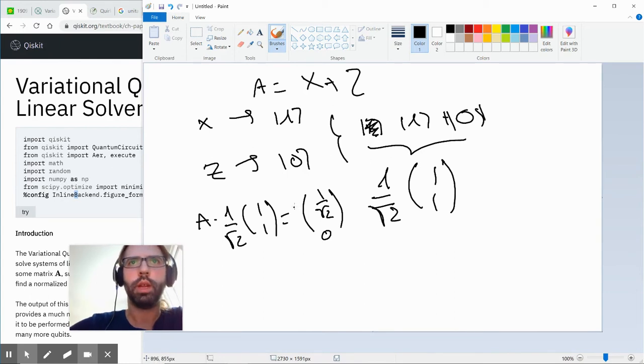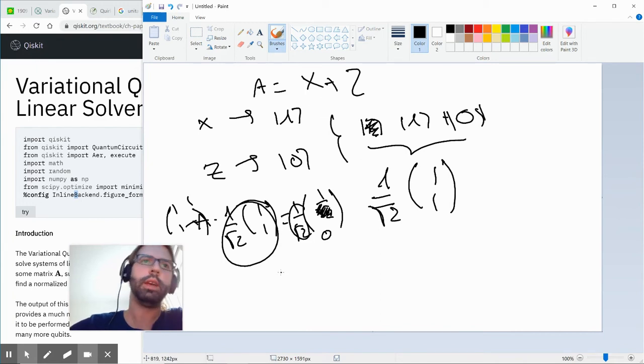It's proportional by these, right? Because if A is 1, 1, 1, minus 1, yeah, exactly. So now this is not really our x, right?